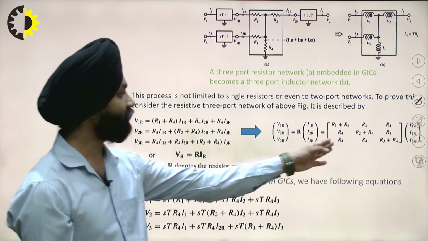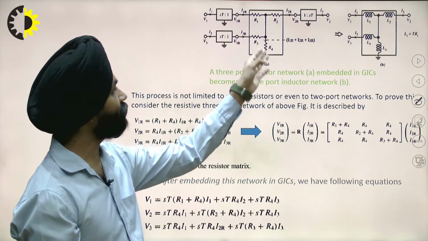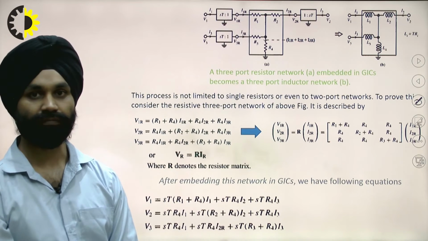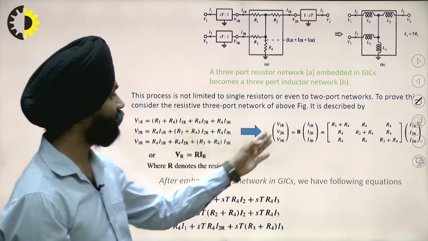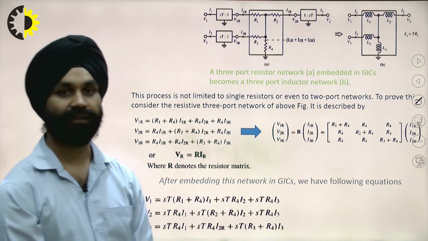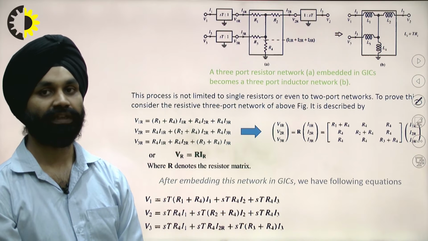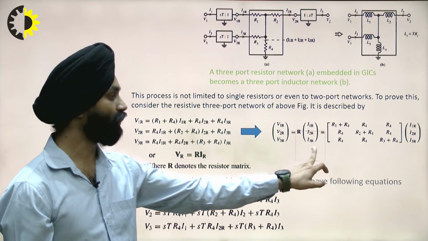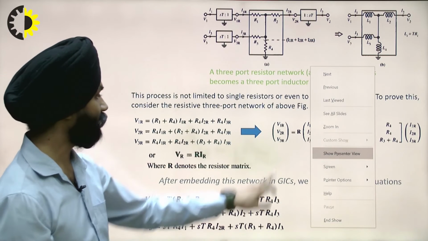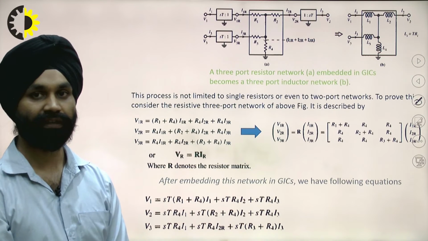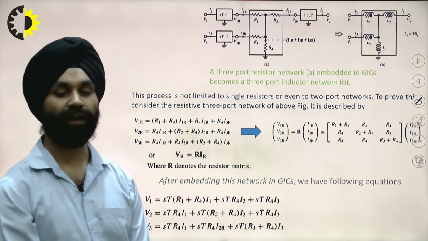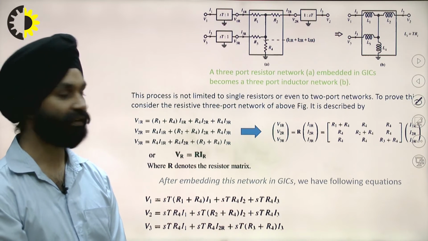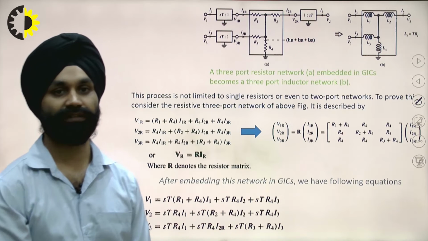And the resistances, if we see, it can be taken as R1 plus R4 for V1R, and similarly for all the resistances we can represent here. In the vector form, I can represent it as VR is equal to R into IR, where IR is the vector form of I1R, I2R, I3R, and R is the matrix of the resistance.